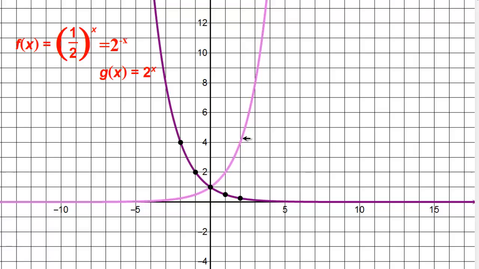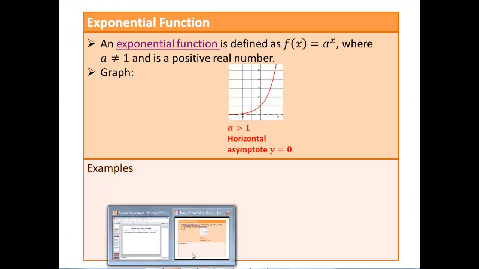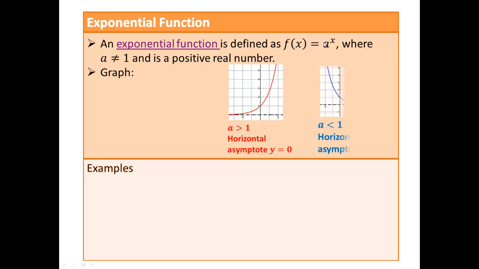Here's our 2 to the x, and if you reflect it across the y-axis, you get the graph of f of x equals 1/2 to power x. That's another way to think about how if your number is smaller than 1, then a to power x has this shape of graph. All right, let's go back to our slides. So if a is smaller than 1, then your graph is going to be of this type.